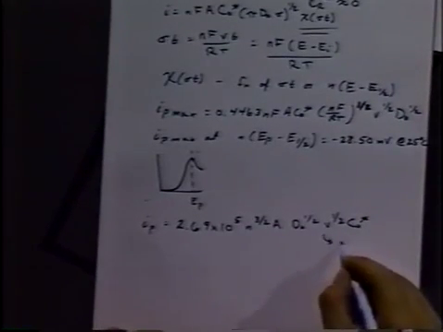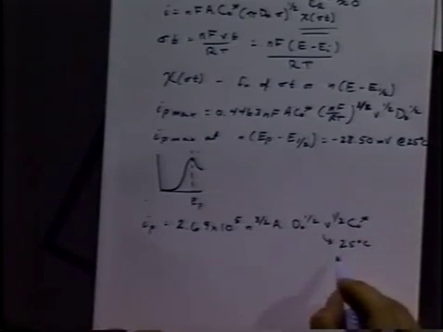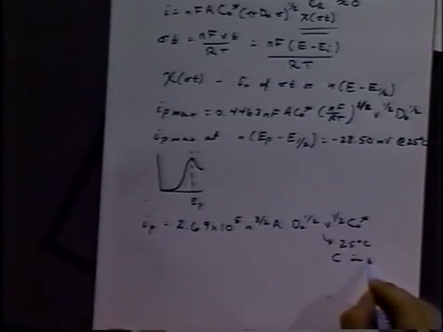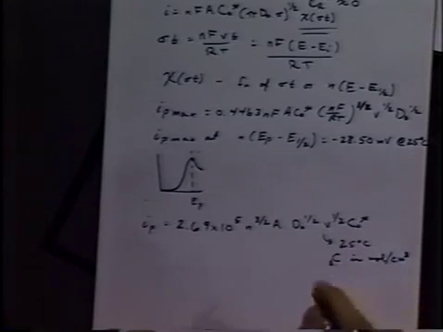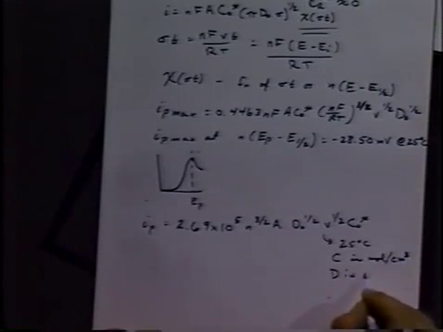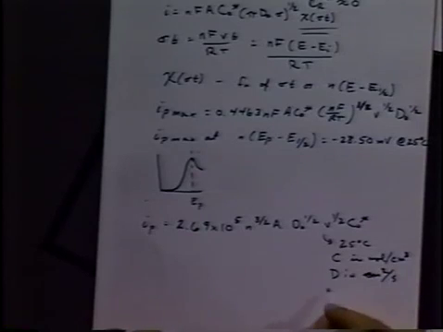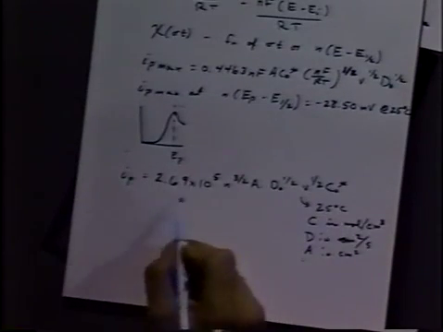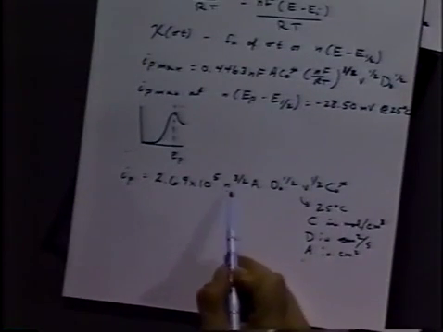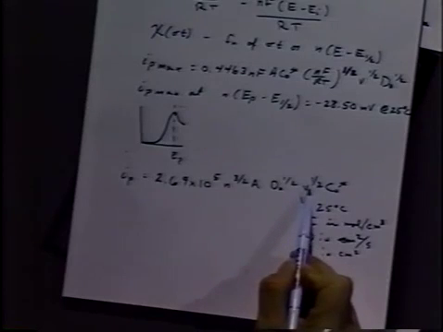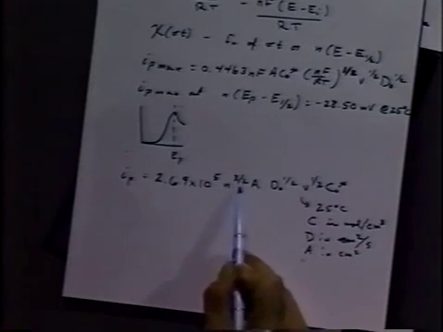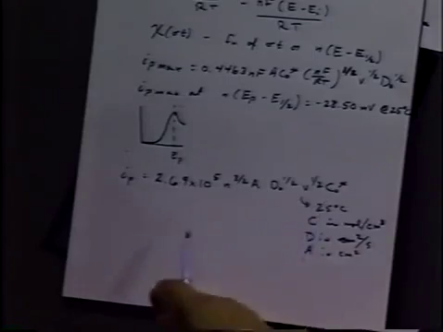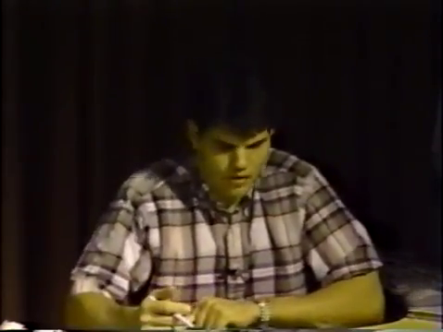This particular form of the equation holds at 25 degrees C. The concentration in moles per cubic centimeter, D in centimeters squared per second, and A in square centimeters. So this is just a collection of constants. Again, notice the peak current is dependent on the square root of the scan rate. It's also interestingly dependent on the 3/2 power of the number of electrons. So rather than the peak current increasing by 2 when we go to a 2-electron process, it increases by the 3/2 power of that.